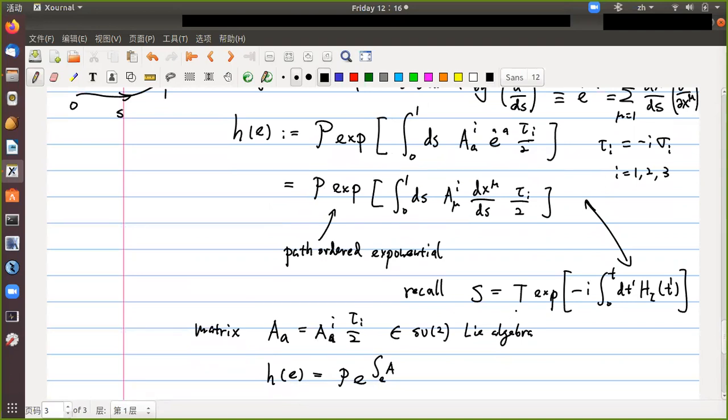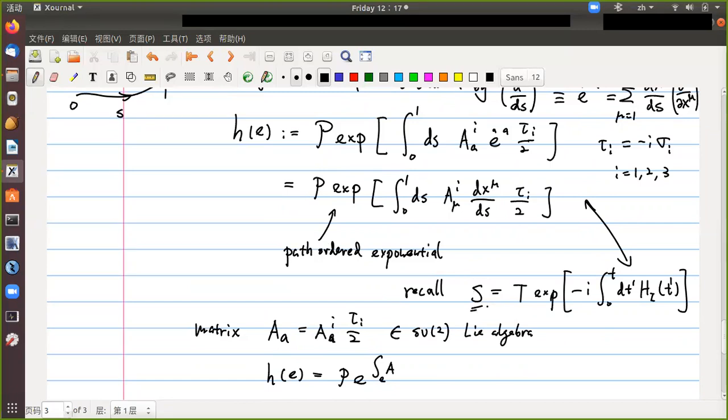Another analogy between the S matrix and holonomy is that this S matrix, or scattering amplitude, is a time ordered exponential of the Hamiltonian, and the Hamiltonian is a self-adjoint or Hermitian operator, and then this S is a unitary operator. Time ordered exponential of the Hamiltonian is a unitary operator.